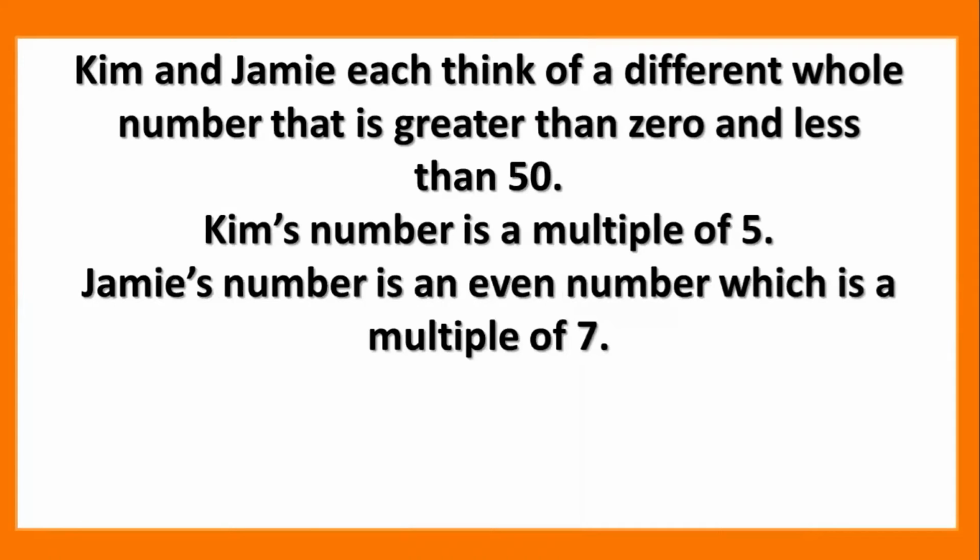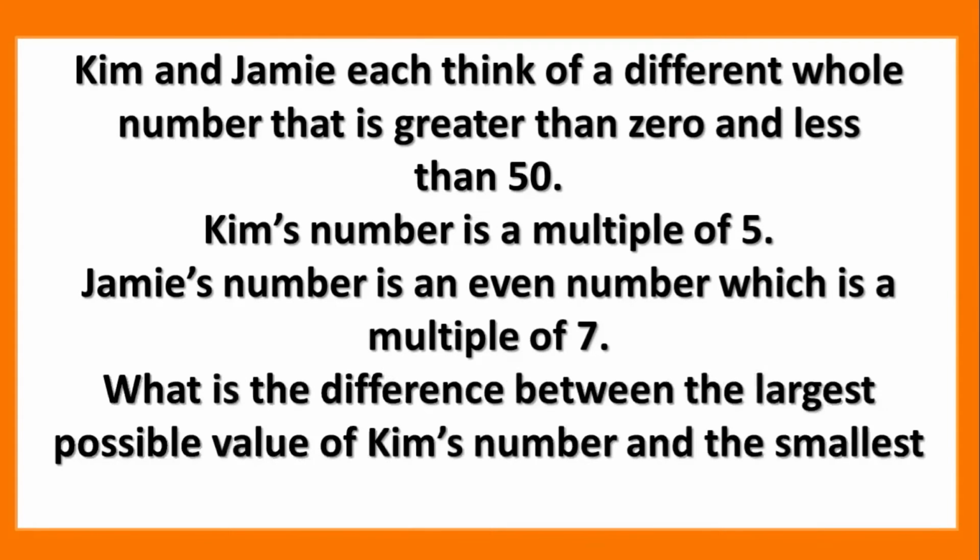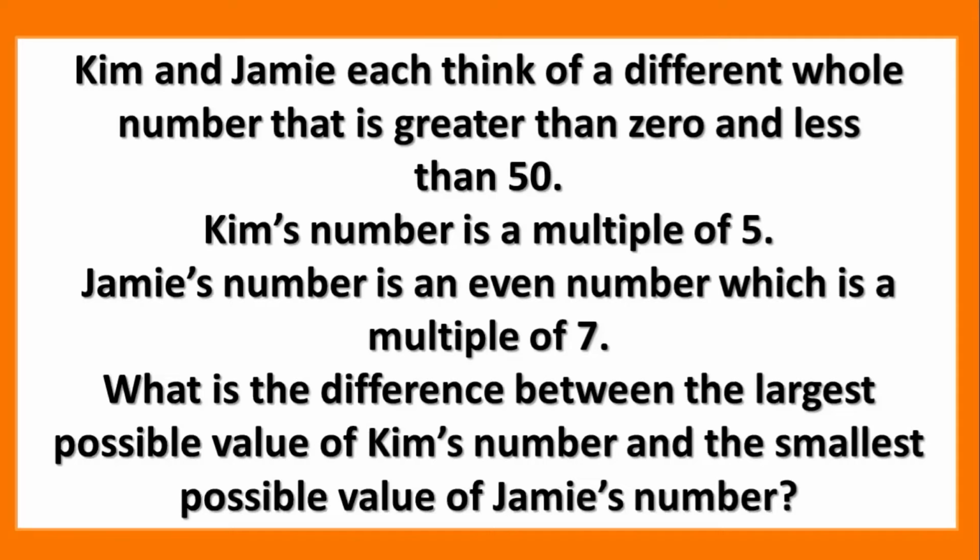Jamie's number is an even number, which is a multiple of 7. What is the difference between the largest possible value of Kim's number and the smallest possible value of Jamie's number?